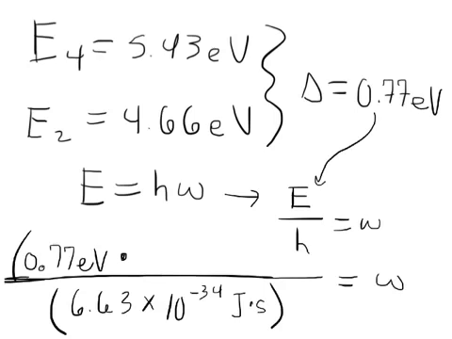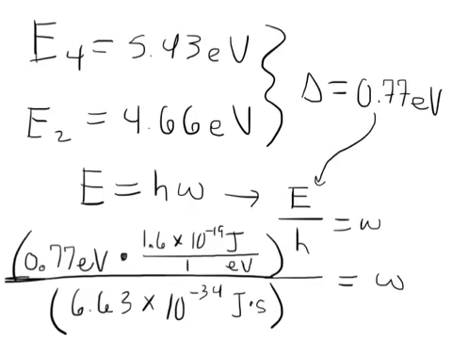Electron volts are on the top. How do I get rid of them? What's the conversion going to be? What did I tell you a minute ago? Conversion between electron volts and joules: 1.6 times 10 to the negative 19 joules equals 1 electron volt. So let's multiply that.